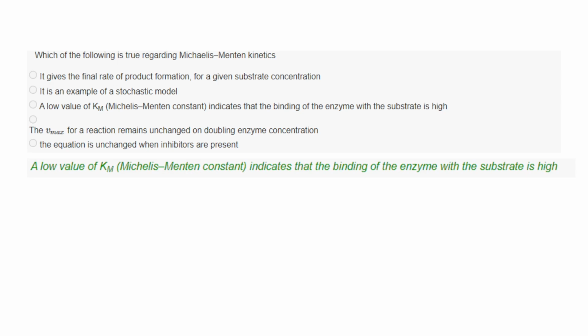I don't know if I remember correctly, but I think in Lehninger's book you'll find various complexities to the Michaelis-Menten kinetics. You can have it when activators are present, you can have it when inhibitors are present, and how the Vmax and the Km value will change when these kinds of elements are present within the reaction.